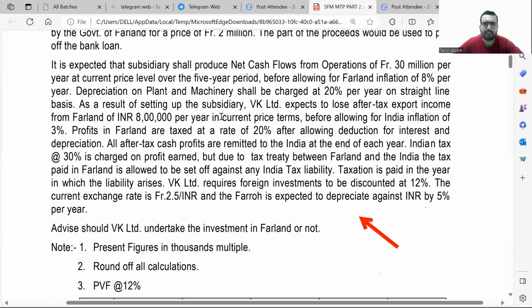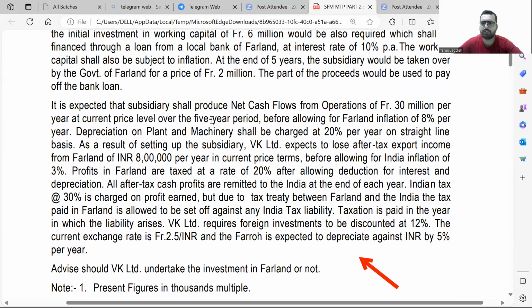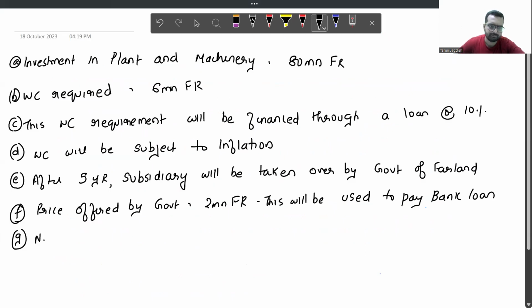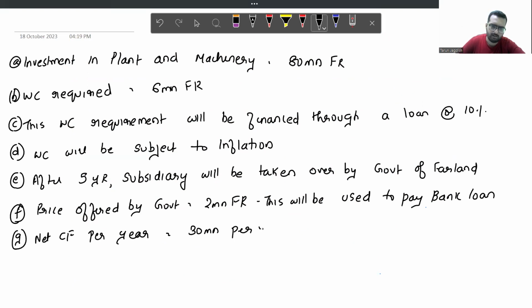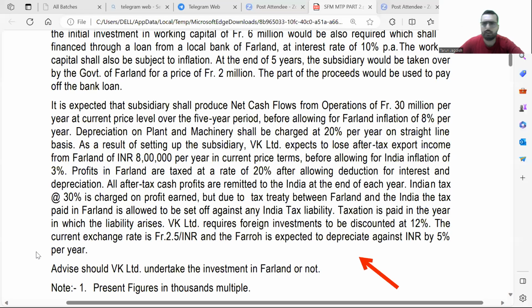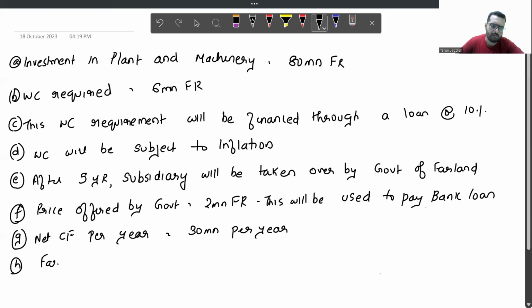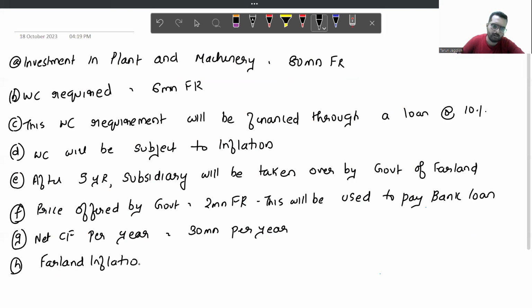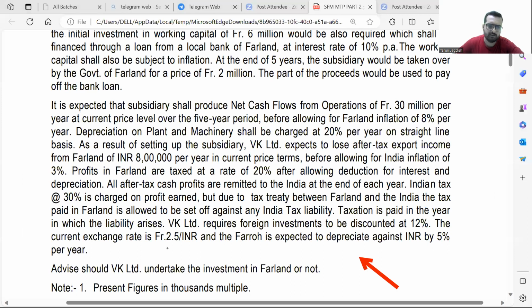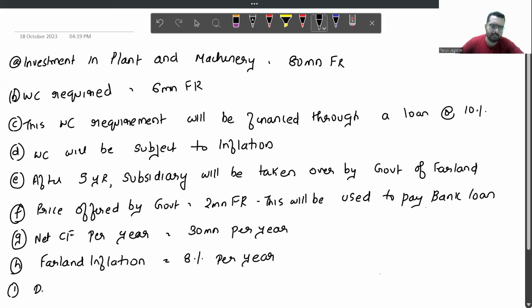It is expected that the subsidiary shall produce net cash flows from operations of 30 million per year at the current price level over a 5-year period, before allowing for Farland inflation of 8% per year. Okay, 8% per year.